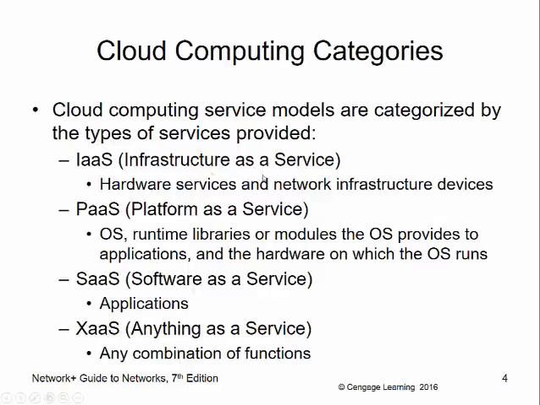These aren't hard and fast categories. You can mix and match. One of the big cloud providers is Microsoft Azure, and that's technically a platform as a service. It provides an environment to develop code on, but it can also serve under IaaS or software as a service applications or whatever. That's the whole thing about cloud. There are not really hard and fast definitions.